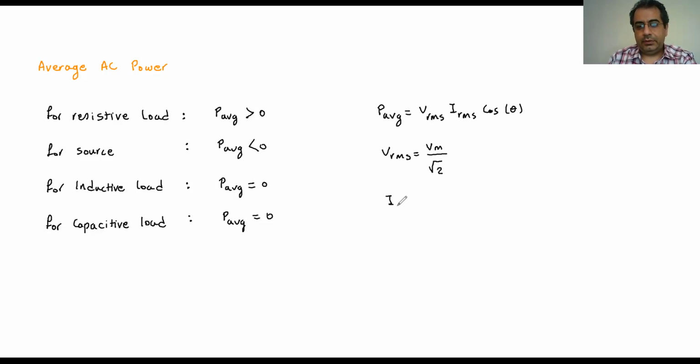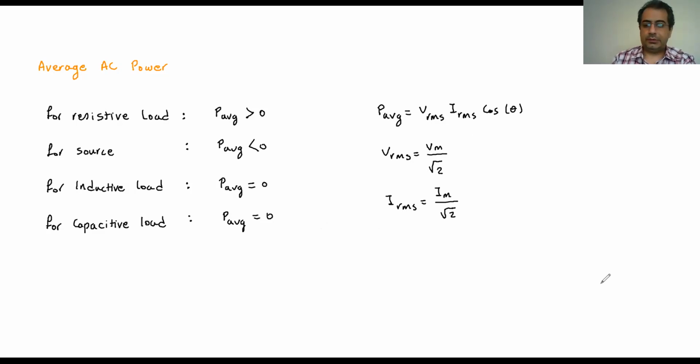The same, IRMS is the maximum of I divided by the square root of 2. So this value is only positive for resistive load, and it's going to be 0 for inductor and capacitor. I will talk about theta a little bit later. So this is the average AC power.